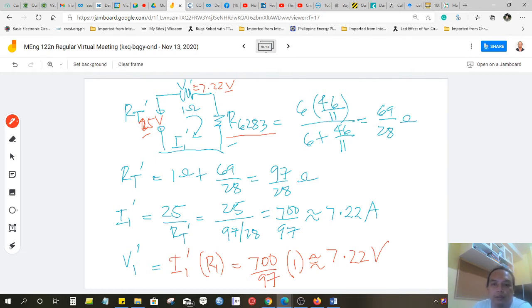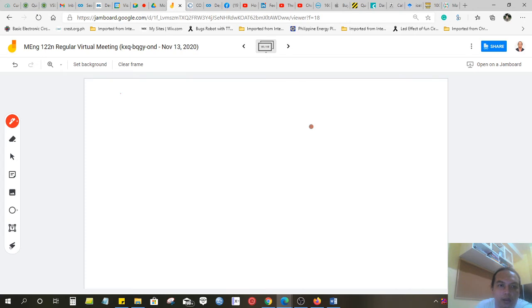So the voltage across 6, 2, 8, 3 is 25 minus 7.22, that is 17.78 volts. So approximately lang na ha, kay dili gi-run off naman na nato.